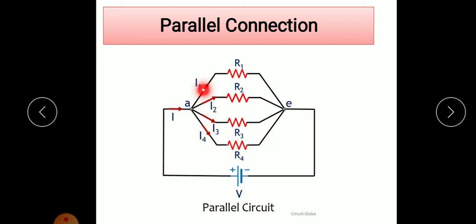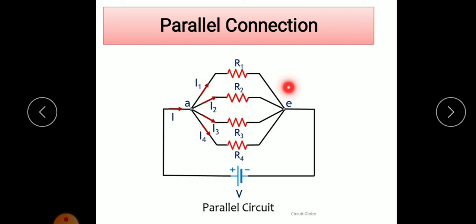So, after flowing through these resistors, what happens? They will again meet at the point E. So, at the point E, we will get back the same current that was flowing before.